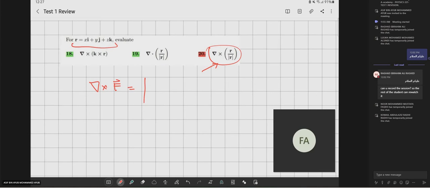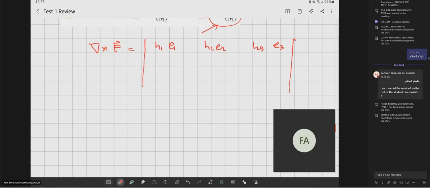Suppose I have F, a vector field. I have h1, e1, where e1 is the basis in spherical coordinates, h2, e2, h3, e3. And the h's, if you remember, were the scale factors. The scale factors were derived from the arc length element, ds, which was dx i plus dy j plus dz k for Cartesian coordinates.